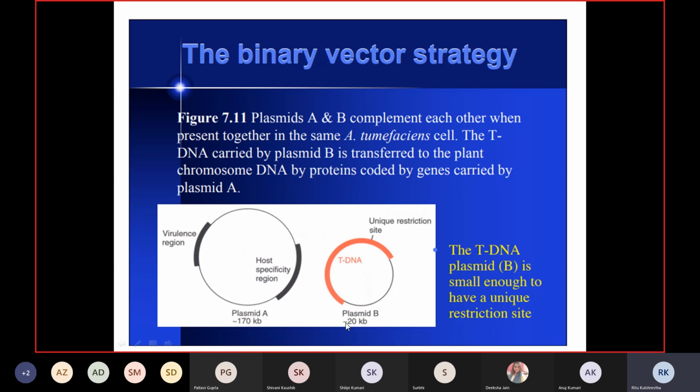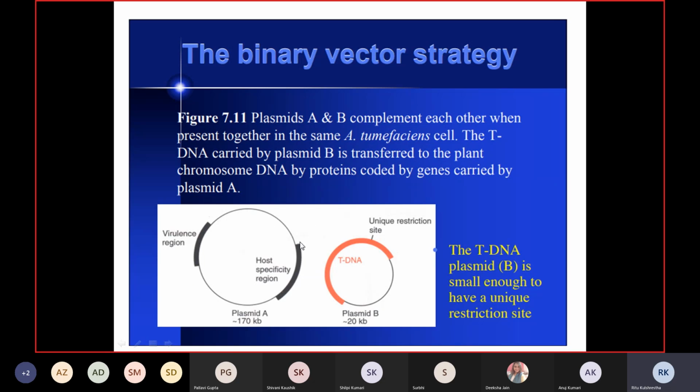Here, in a way, they have divided their plasmid into two sections. One plasmid is only 20 kb and has the tDNA region inside it. And one plasmid has the rest of the genes.